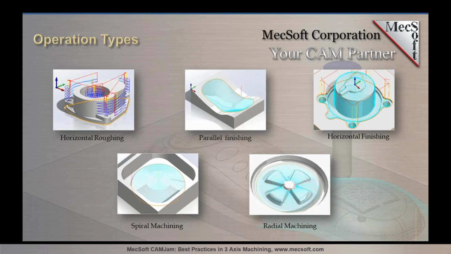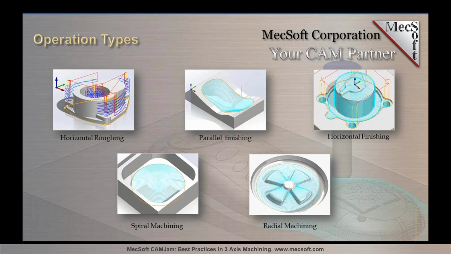The next operation is horizontal finishing, and in this strategy the cutter finishes in constant Z levels, and this is more suited for parts that have steep walls. Now, one thing to remember about horizontal finishing is if you have geometry which is very close to flat, you're going to notice that the toolpaths are further apart.